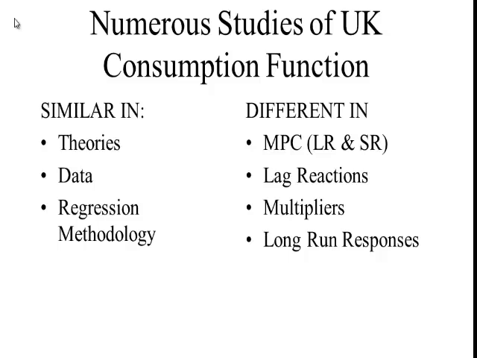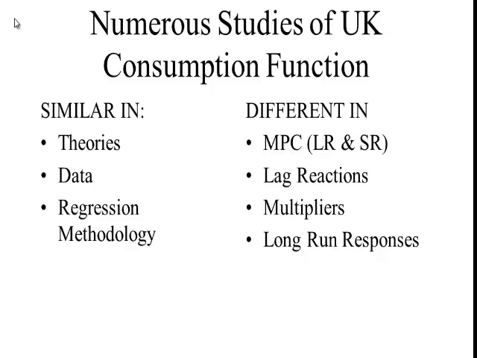They have similar theories, similar data, similar regression methodology, but they all come up with different results in terms of marginal propensity to consume, both long run and short run, in terms of lag reactions, multipliers, and long run responses. So all three of the models, H, B and W, produce different answers to these crucial questions. So if we want to do economic policy, that depends exactly on these things. So we have no reliable guide to economic policy from these different functions.